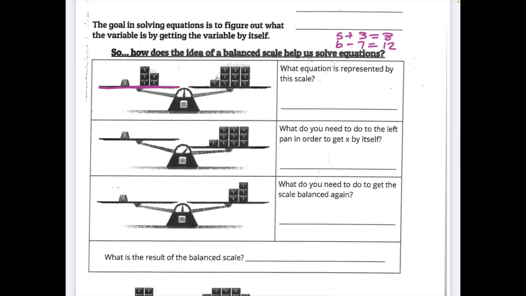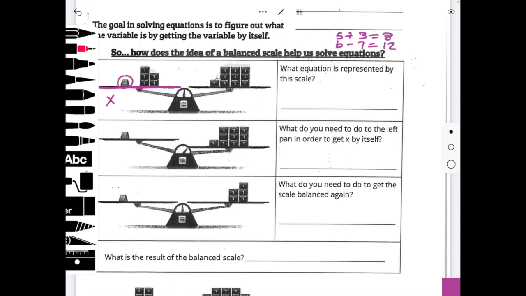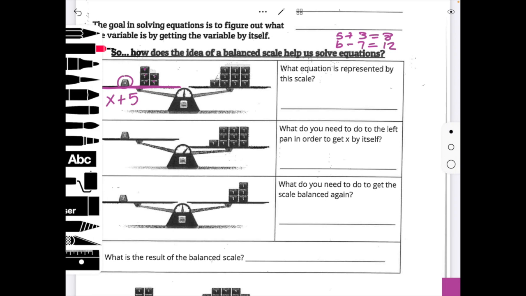So we have a balanced scale here, and we're going to write an algebraic expression for the left side of our scale. I'm just going to write what I see there. I see this trapezoid that has an x on it, so x, and then I see 5 blocks. So that's x plus an additional 5 blocks. And they are showing that it's balanced, so it's equal to everything on this side.